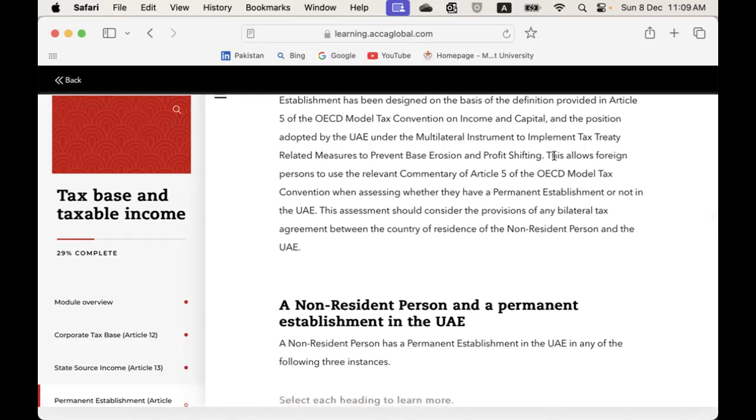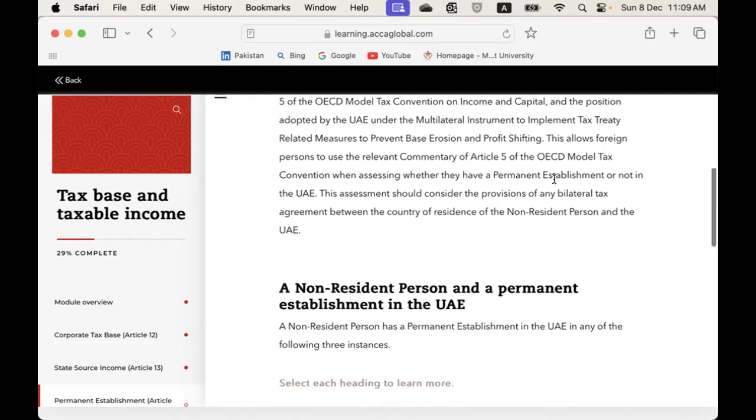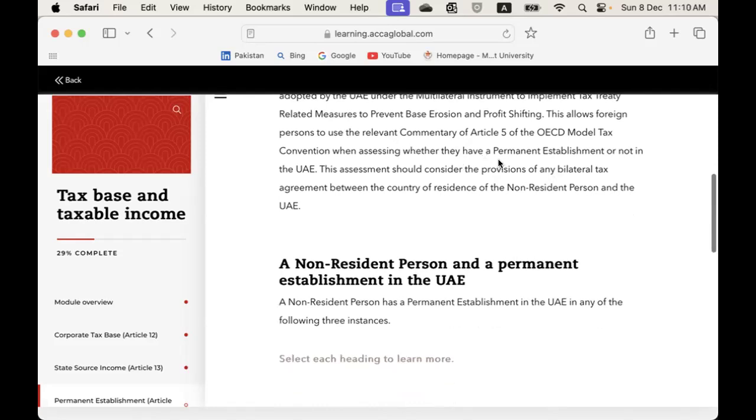So basically, the summary is that the concept of permanent establishment, as it has been laid out in the UAE corporate tax decree law, is on the same lines as the OECD Model Tax Convention. This allows foreign persons to use the relevant commentary of Article 5 when assessing whether they have a permanent establishment or not.